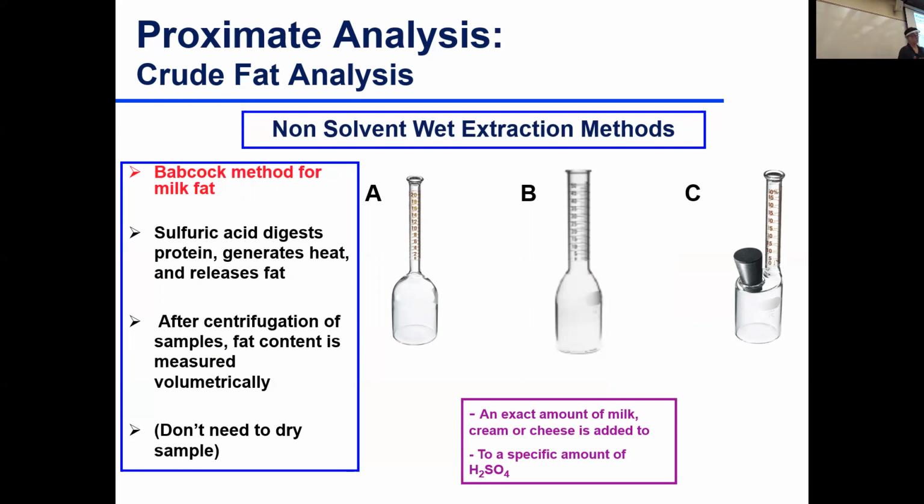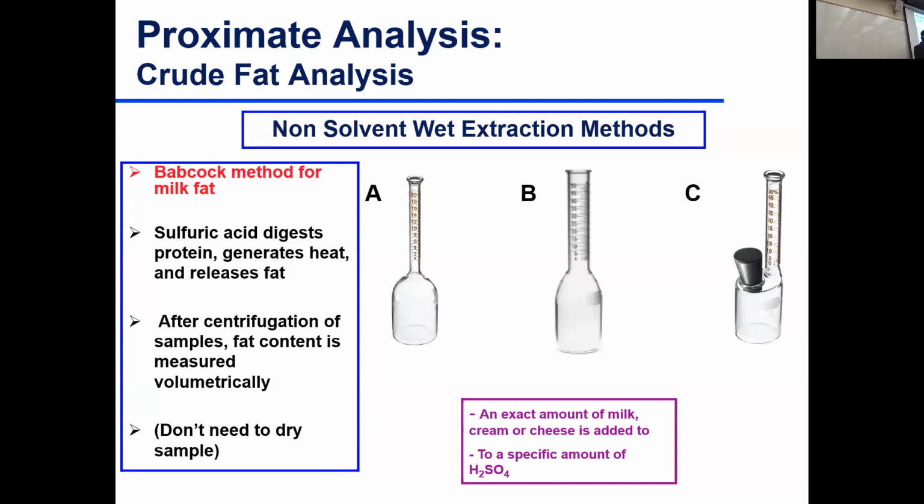Once you have concentrated acid with your food, it's an exothermic reaction. So you start generating heat. With the heat generated with the acid, you will digest the protein and the fat will be released. The fat will be released to the top, and then you're going to measure the fat content volumetrically by measuring the volume. So you're going to get the volume of the fat.